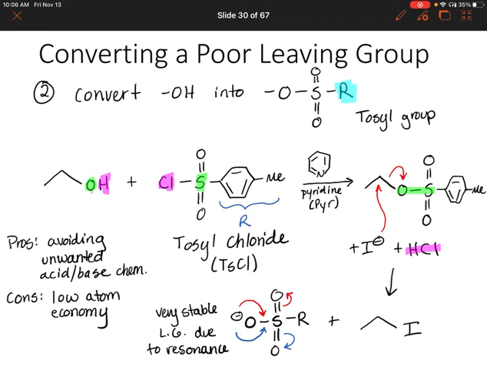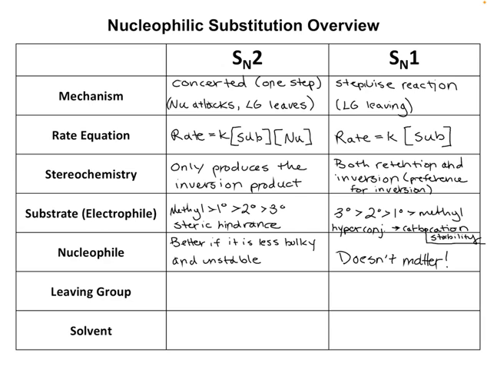Okay, so let's finish up that nucleophilic overview chart that we've been filling out. So remember, previously we had gone over the mechanism for both SN2 and SN1. We said that SN2 happens in one step. SN1 is a stepwise reaction, so the leaving group leaves first, and then the nucleophile attacks.